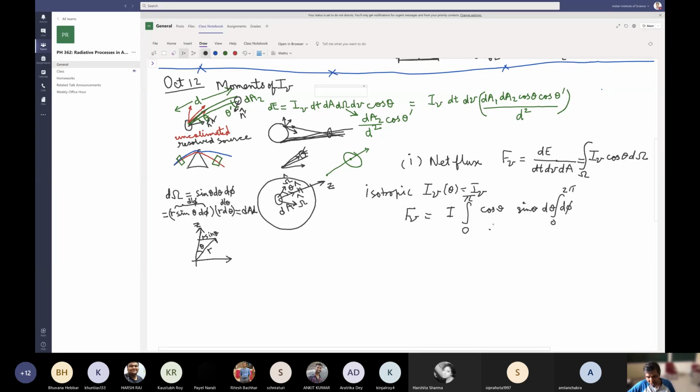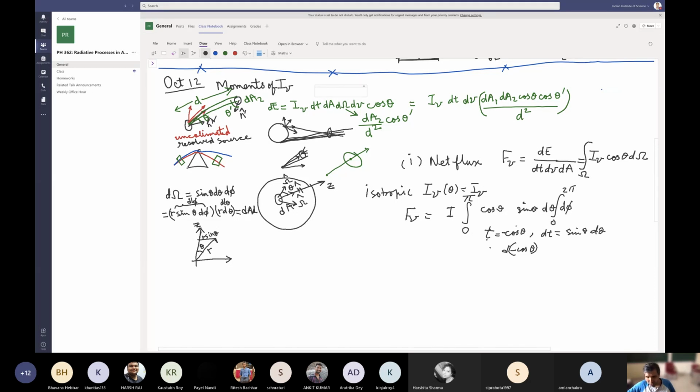So if we do a change of variable, t equals cos theta, this becomes d minus cos theta. In fact, this is a good change of variable, because then dt equals sine theta d theta.